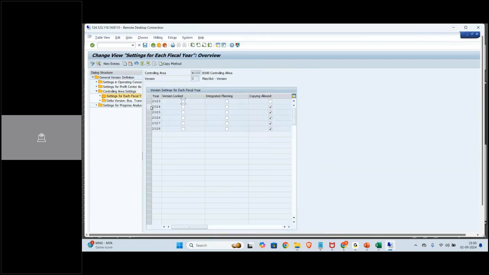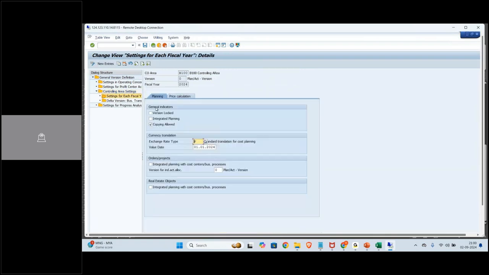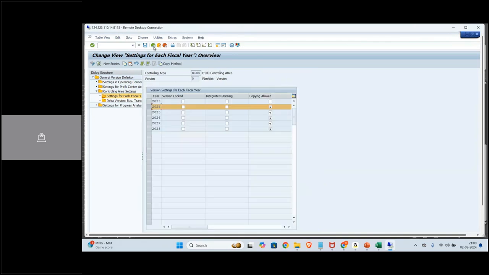In fiscal year 2024, the version for plan or actual is 0. It cannot facilitate multiple versions. Against this only, we are booking all the planned quantities and planned rates.